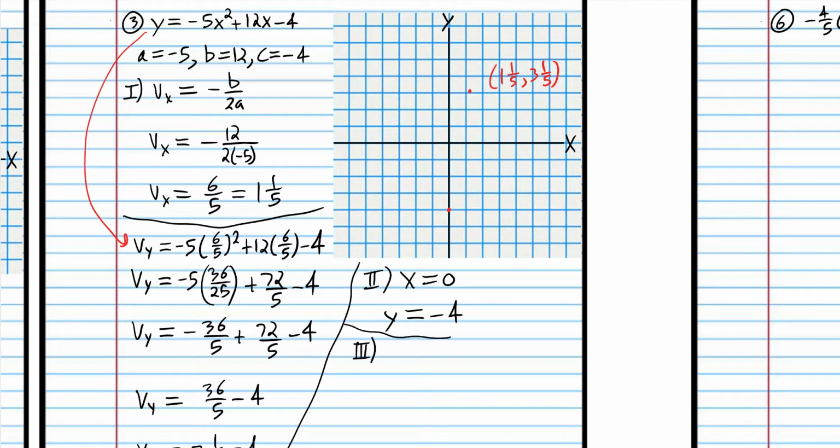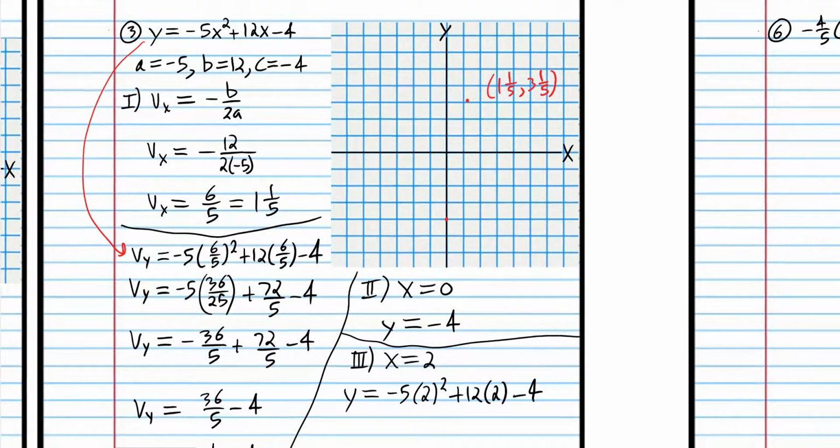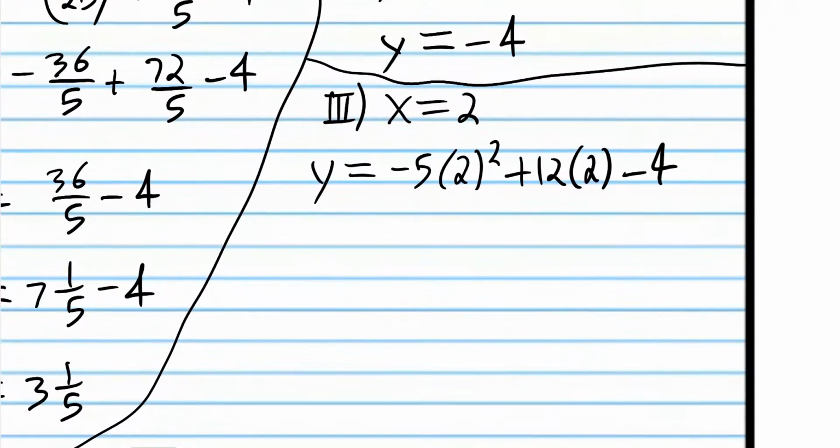So if x is equal to 2, then y is equal to -5 times 2 squared plus 12 times 2 minus 4. And if we do all the math on that, we get -20 plus 24 is 4, minus 4 is 0.